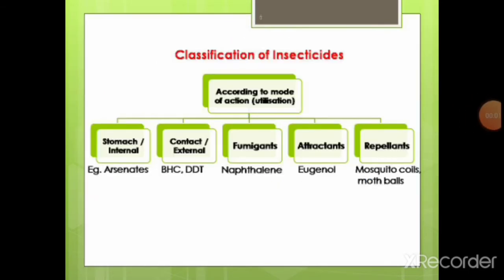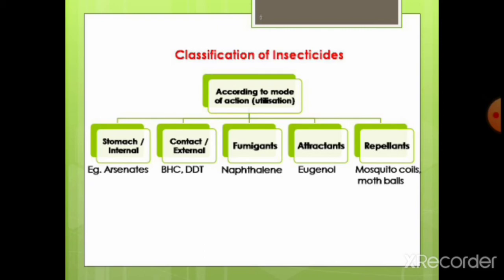Next we have to see the classification of insecticides. These insecticides are mainly divided into 2 different classes: first, according to mode of action, and second, according to their chemical contents or chemical nature. In the first, that is according to mode of action or utilization, there are 5 different types. First, stomach or internal, then contact or external.